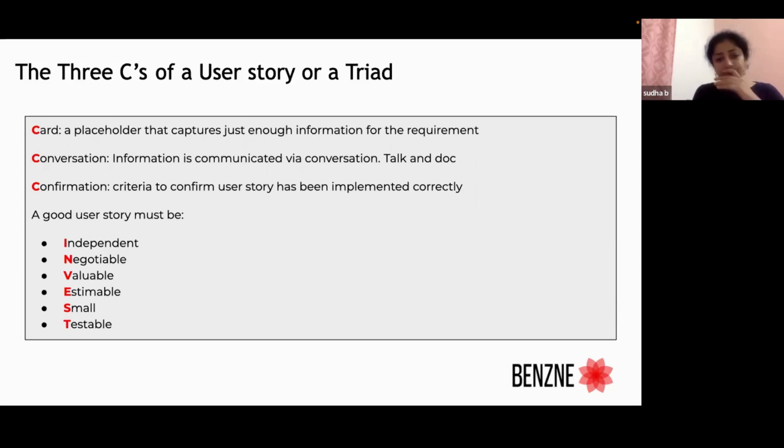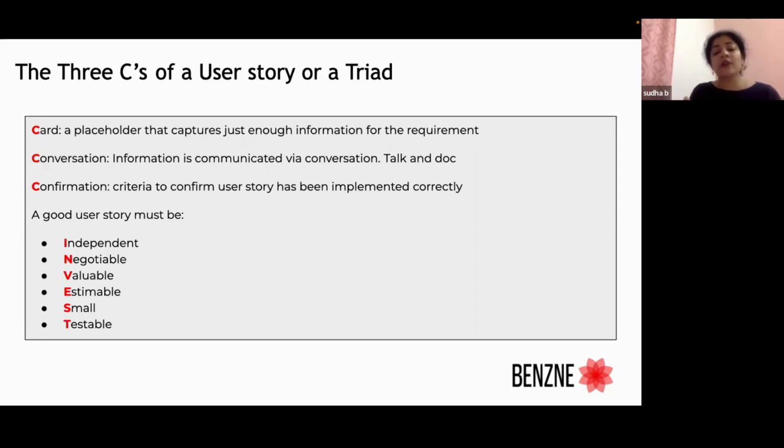That is small enough, that is testable. And yes, if that's the case, this is probably a size of 2. It can be delivered in 3 to 4 days, including the testing areas. Or it could be a 5-story point, or a story size of medium or large, etc. So you should be able to tell the size of the story or estimate the size of the story when you look at the story.